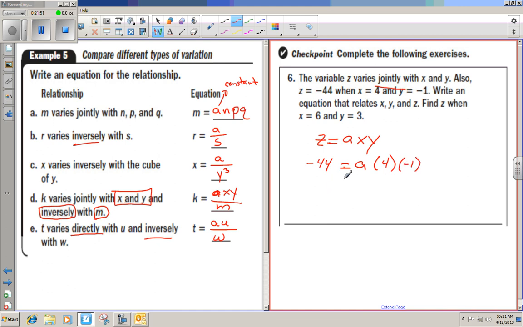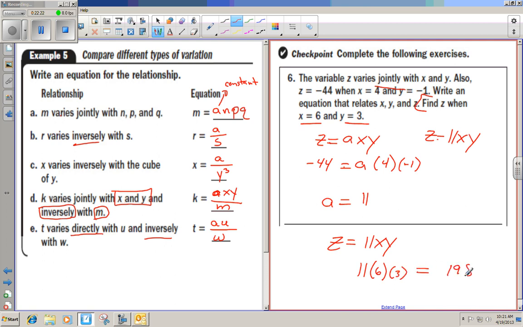When we work this out, a is equal to 11. So my equation is z equals 11xy. The next part says find z when x is 6 and y is 3. So we use our equation and plug it in there. And 198.